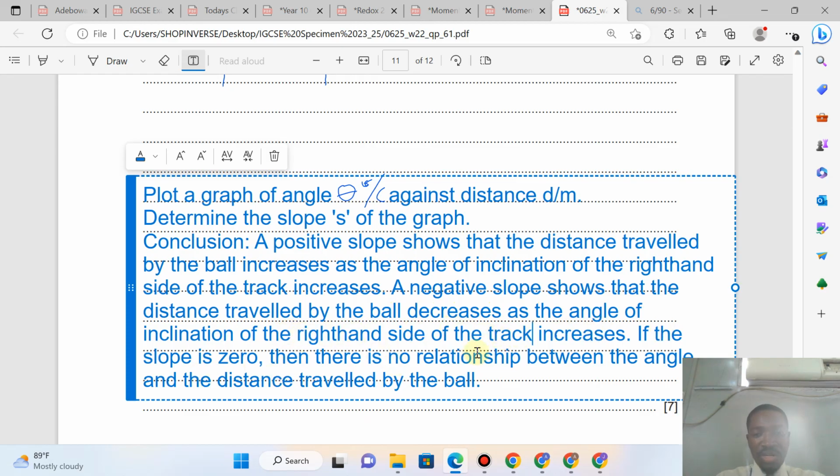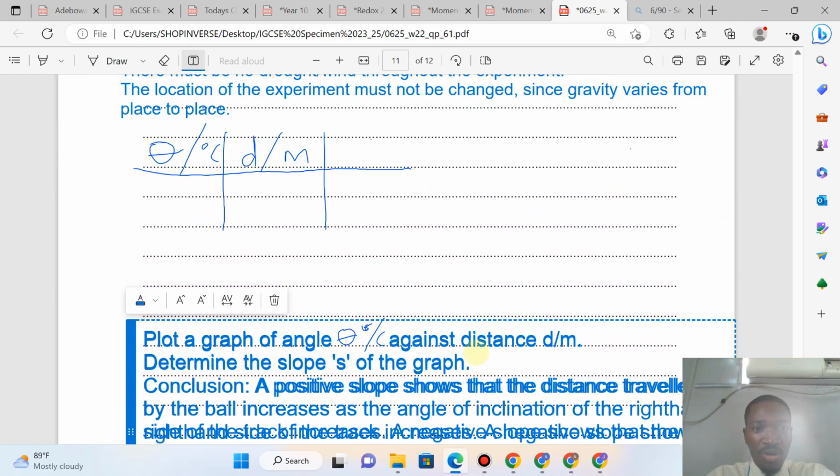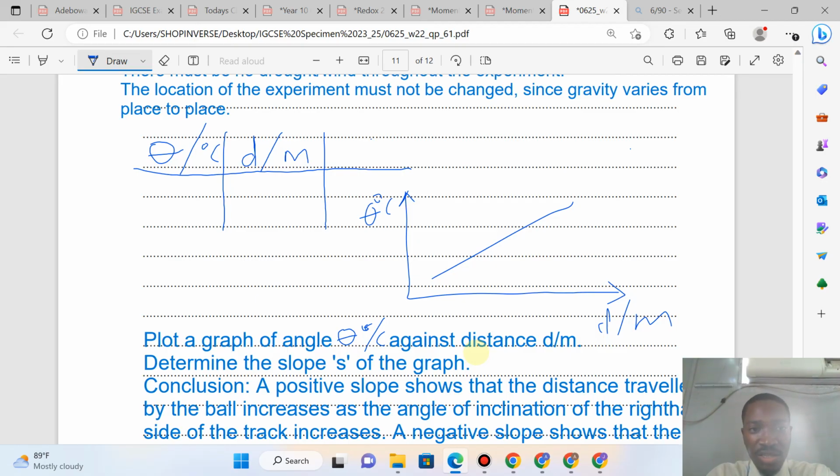If the slope is zero, then there's no relationship between angle and the distance traveled by the ball. What does this mean? That means when you plot a graph of angle theta in degrees Celsius against the distance in meter, if your slope looks like this, a positive slope, it shows that distance is proportional to angle.